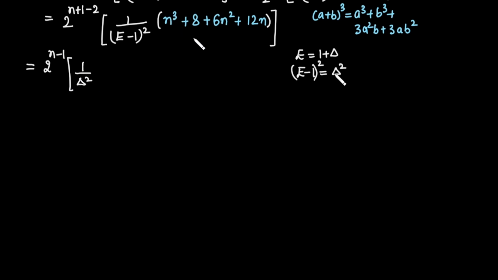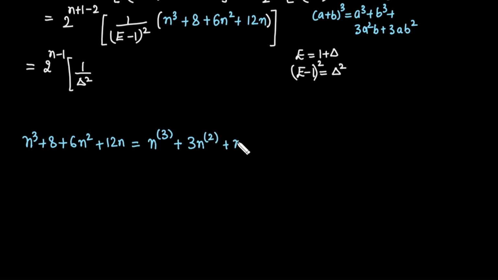Now what is the value of this polynomial in the form of factorial? Here we have n cube plus 8 plus 6n square plus 12n. What is the value of n cube in a factorial polynomial? That is n raised to power 3 factorial polynomial plus 3 times n raised to power 2 factorial polynomial plus n raised to power 1 factorial polynomial plus, for the constant, n raised to power 0 factorial polynomial.